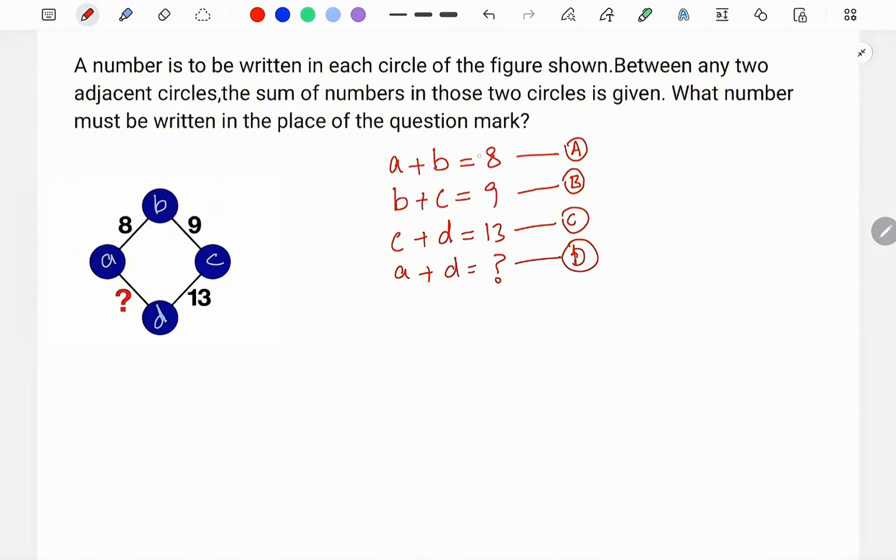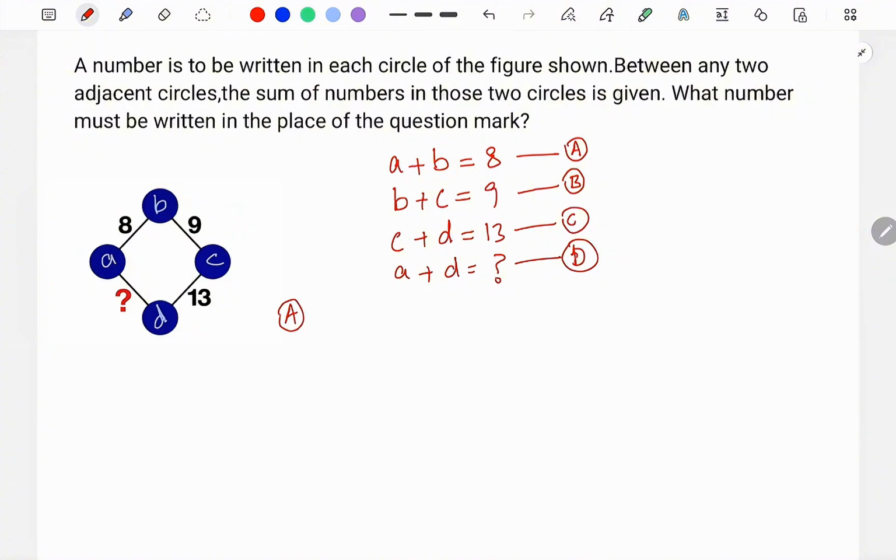Here you can see from equations A and B, we can eliminate small b. How can we eliminate b from these both equations? You can see b is positive in both. It means for elimination of b, we should subtract these both equations.